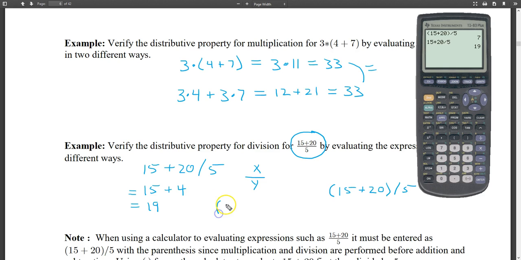So evaluate them like this. Okay, you would type it in like that. Now that's only if they're more complicated than just a single number. Single numbers, you don't need parentheses. All right, and we'll talk about this more when we do order of operations.